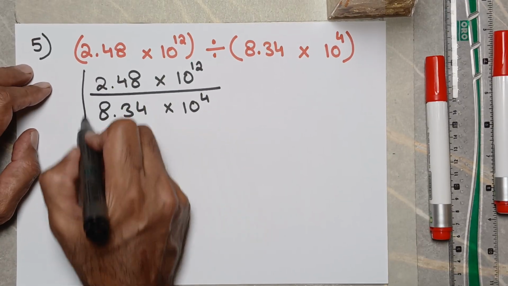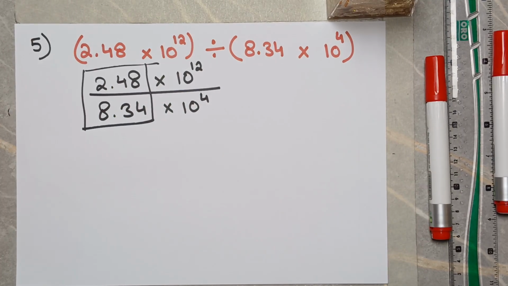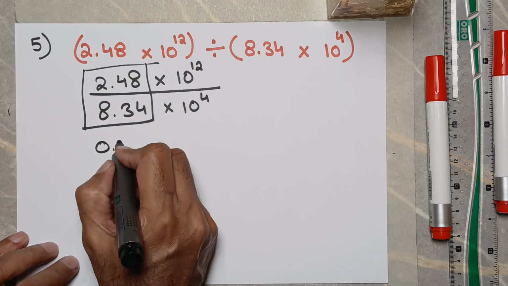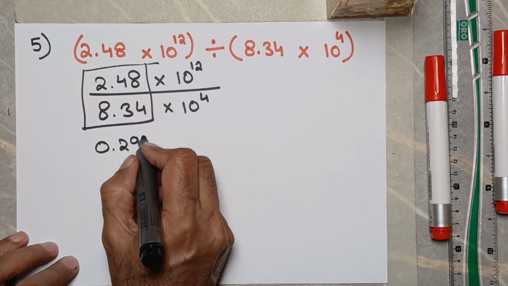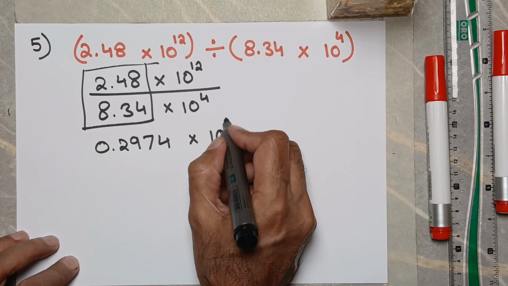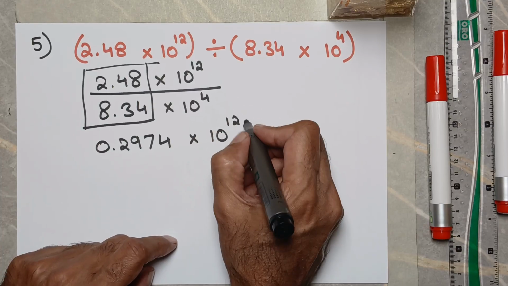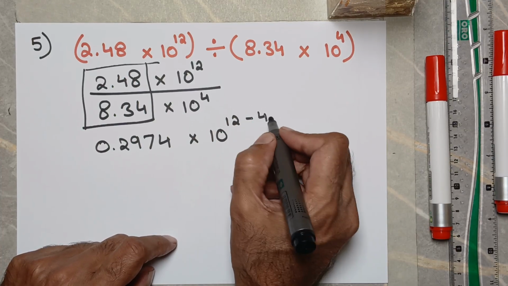First of all, solve the non-exponential part, and for this I will take the help of the calculator. 2.48 divided by 8.34, and I have got the result 0.2974 times 10 raised to the power 12, and now shift this exponent 4 towards the numerator. It will become minus.